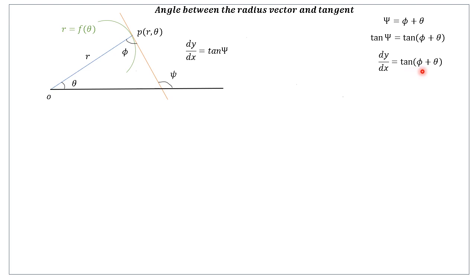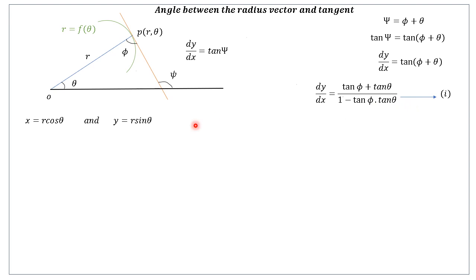Here in place of a, phi is there, and in place of b, theta is there. So dy by dx is equal to tan phi plus tan theta divided by 1 minus tan phi into tan theta. Call this equation number 1.